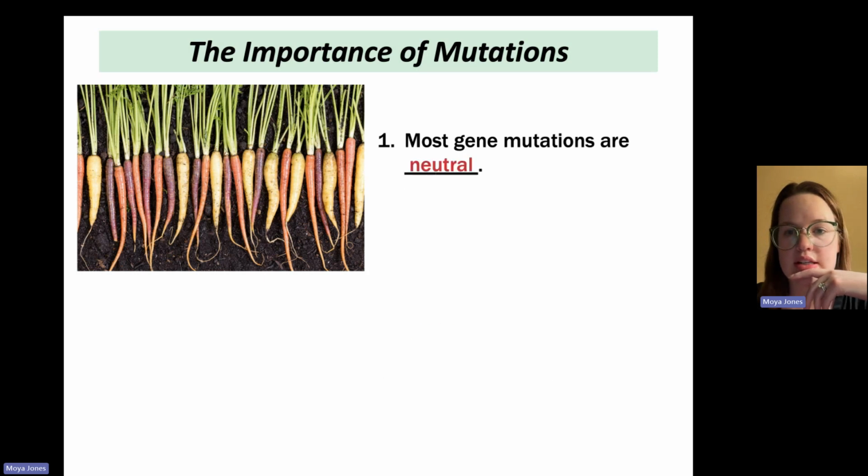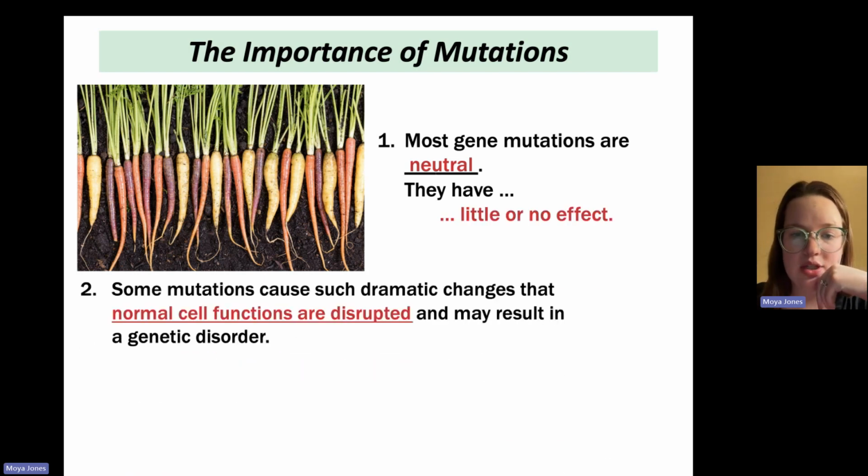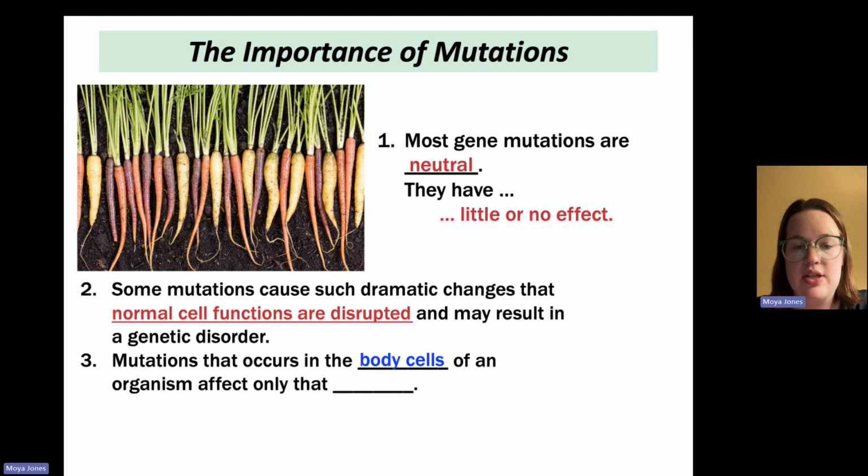Importance of mutations. Most gene mutations are actually neutral, meaning they don't have an effect. Some mutations can cause dramatic changes in the normal cell functions and can result in a genetic disorder. Mutations that occur in your body cells only affect that one organism because they are just in your normal body cells.